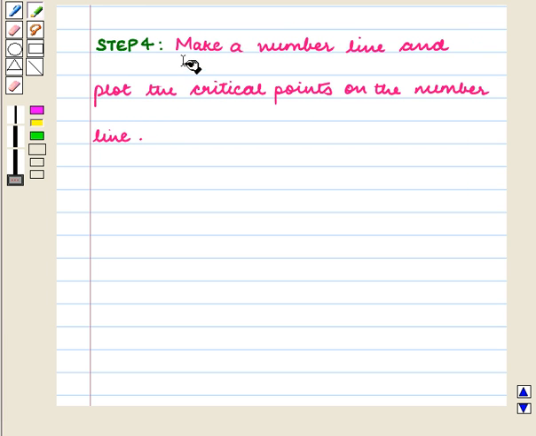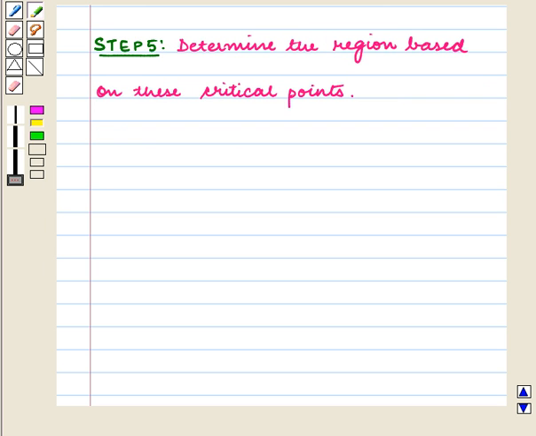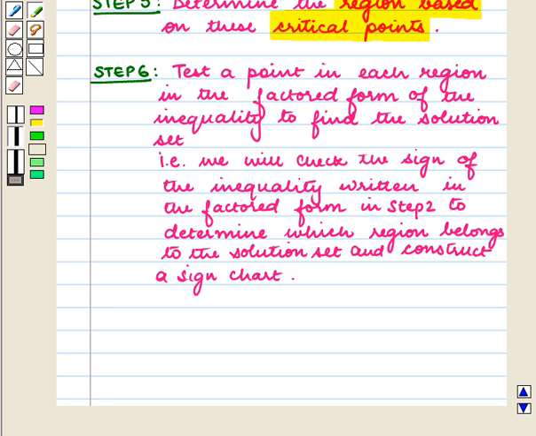The next step, step 4, is to make a number line and plot the critical points on the number line. Step 5 is to determine the regions based on these critical points. Step 6 is to test a point in each region in the factored form of the inequality to find the solution set.